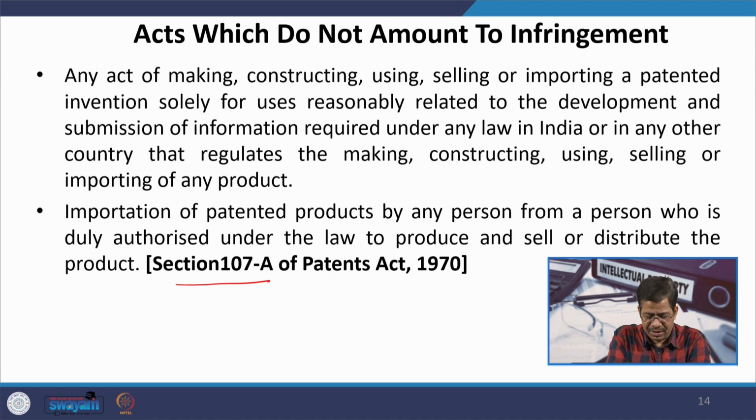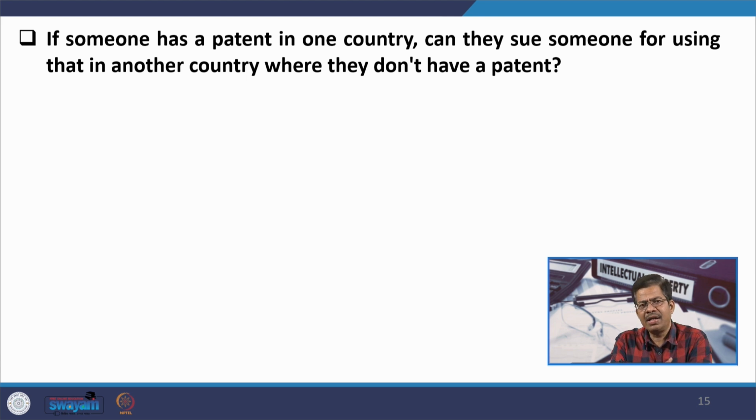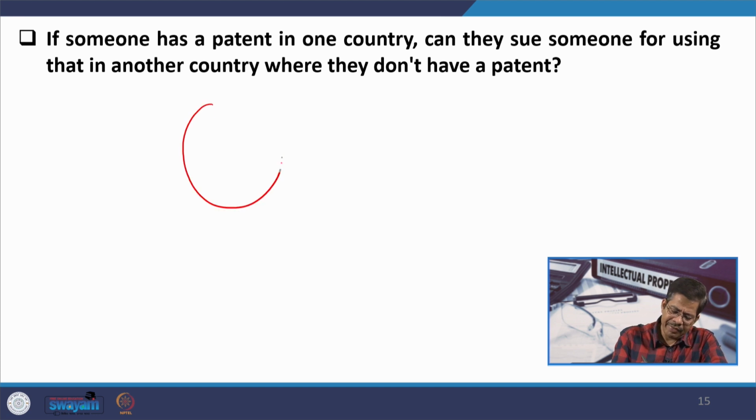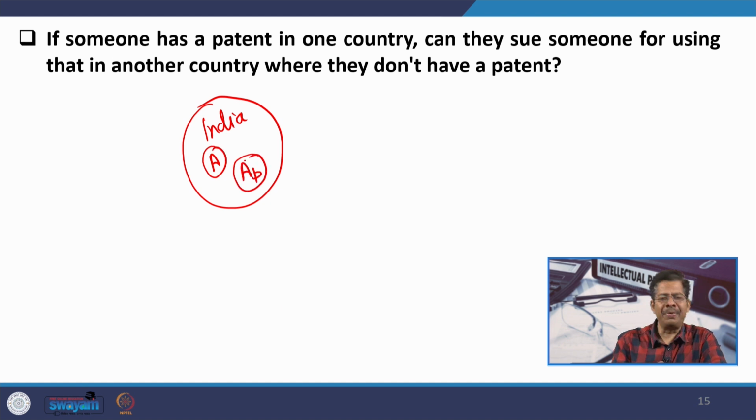sue a person. Now, there are different types of situations which are possible with respect to IP infringement. As we already know, IP is a territorial right. You are in India, you are a company A and you have an IP AP. So, anybody who is making a similar kind of product using AP is certainly a case of IP infringement.